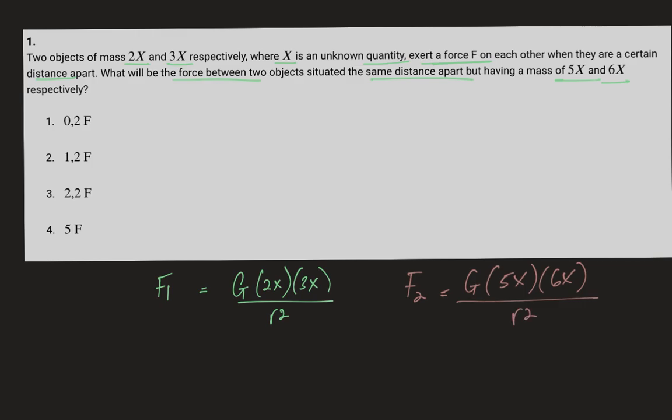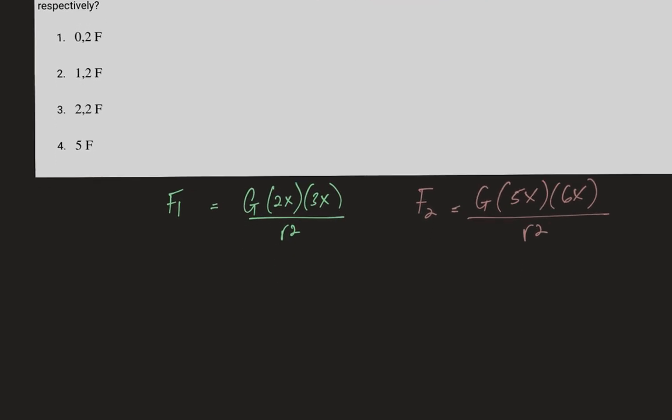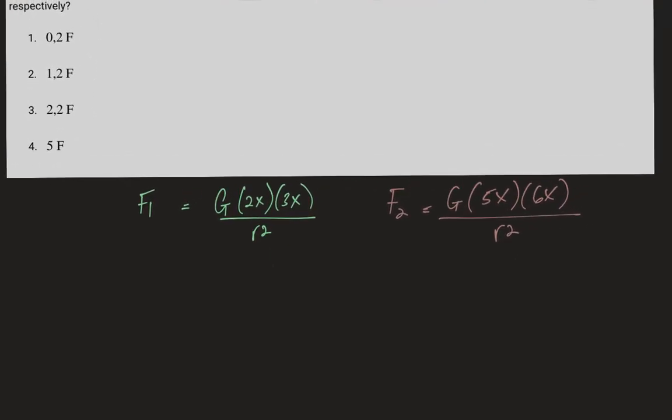And now they want to know what will be the force between the 2 objects at the same distance apart. So they want to know, for these two situations, what would be their forces. So let's have a look at what that's going to look like.